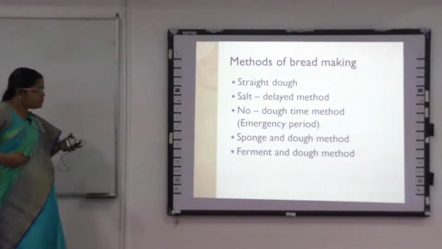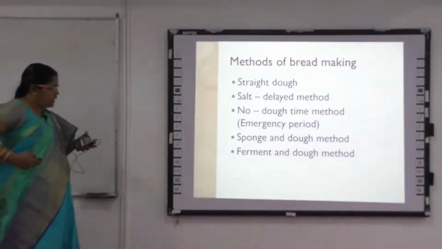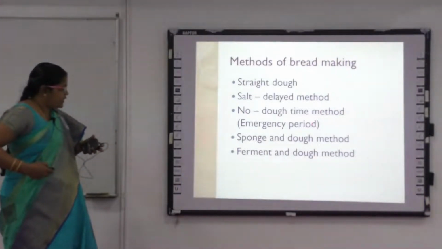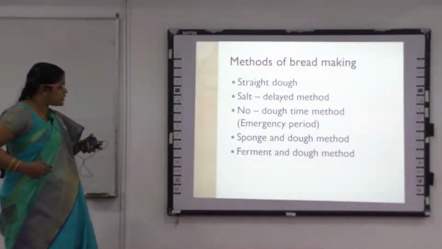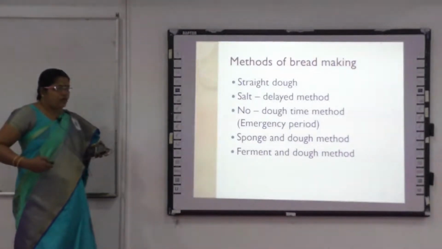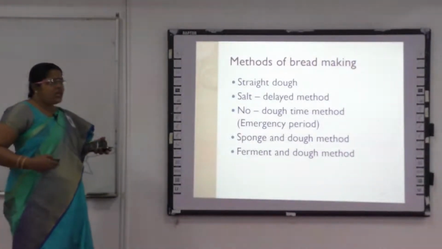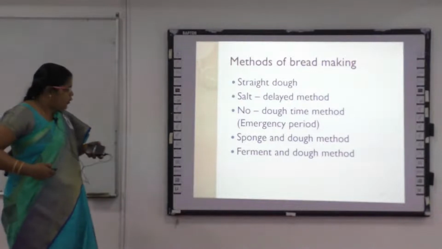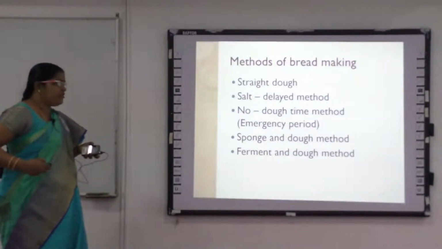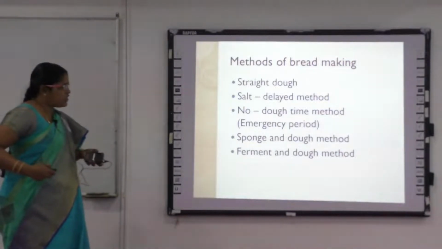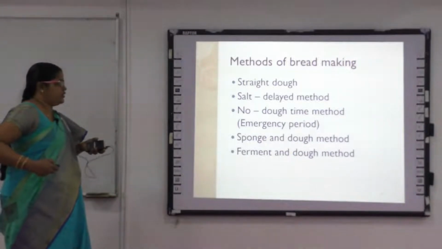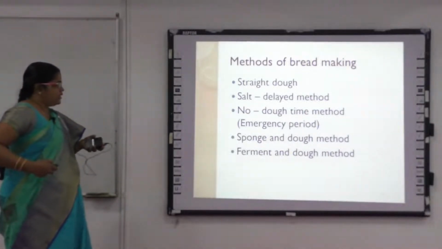The next one is the no downtime method. Generally, during emergencies they will go for the no downtime method. In the no downtime method, the previous lot of dough will be added as a starter, whereby the rate of fermentation will be rapid and we can achieve fermentation and a good bread structure.